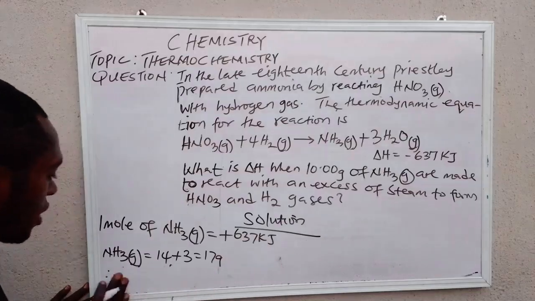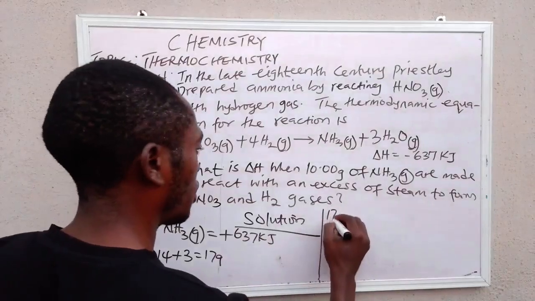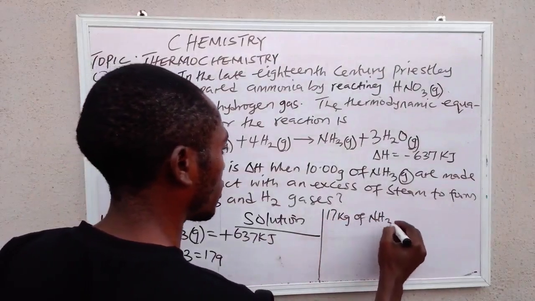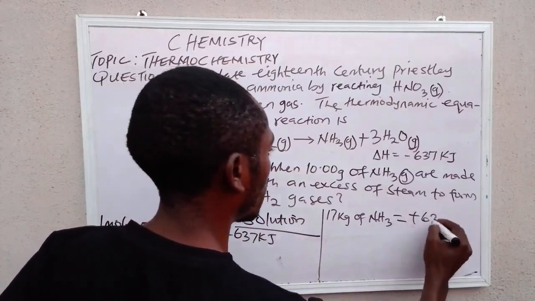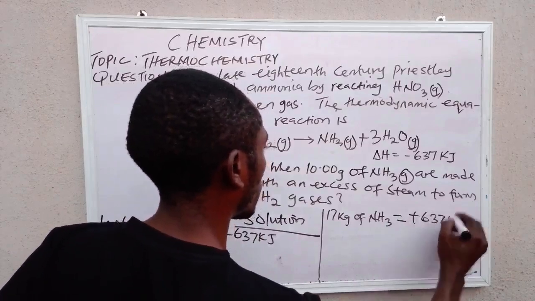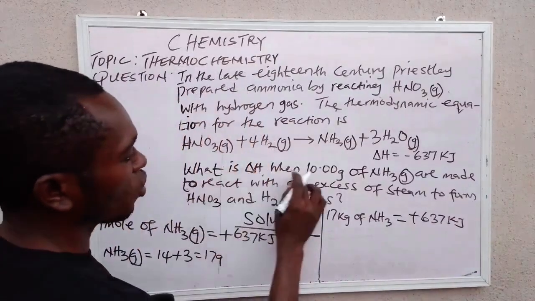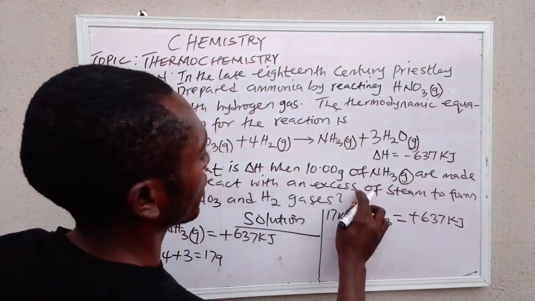So let me have it at this side. We're going to have that 17 grams of ammonia gas will produce plus 637 kilojoules. So then what is the change in heat when 10 grams of ammonia are made to react with an excess of steam?